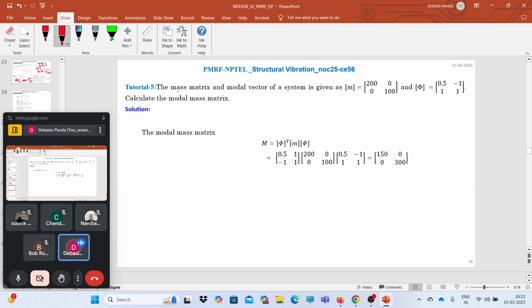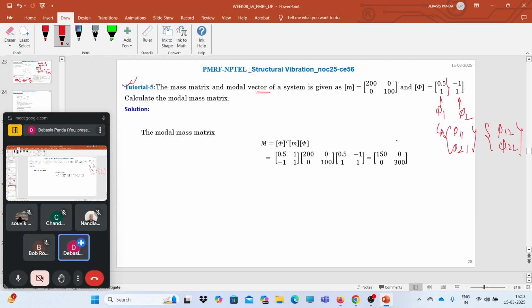So for example, like this problem, the mass matrix and modal vector or mode shape vector, that big phi, this is nothing but phi 1 and this is nothing but phi 2, which contain two elements phi 1 1, phi 2 1 and phi 1 2, phi 2 2, right?